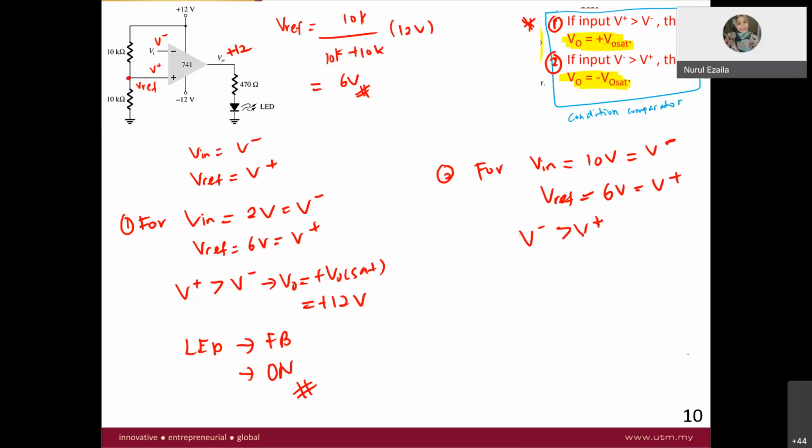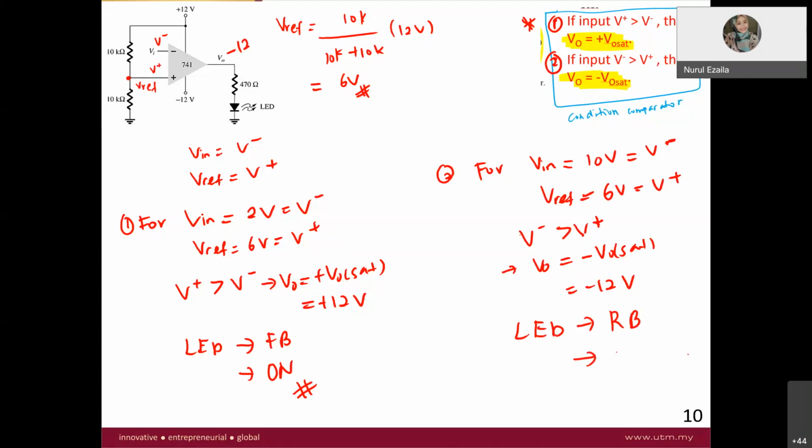Therefore V out is equal to negative V out saturation, which is negative 12 volt. So if this point is negative 12 volt, is the LED forward bias or reverse bias? Reverse bias.